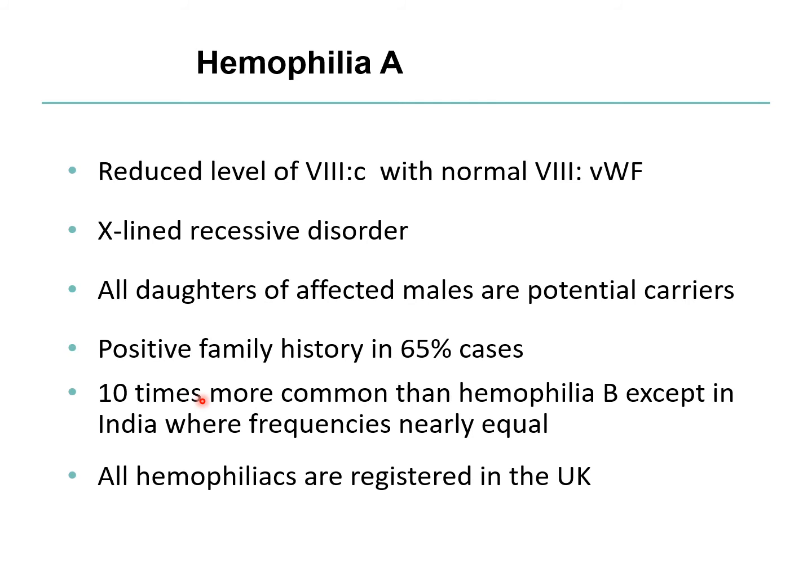Because of the associated risks, all hemophilics in the UK are to be registered, so that they can be managed appropriately. And we'll discuss some of the relevance to dentistry in the next slides.